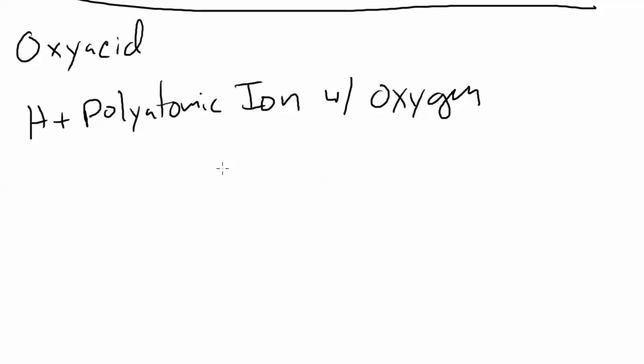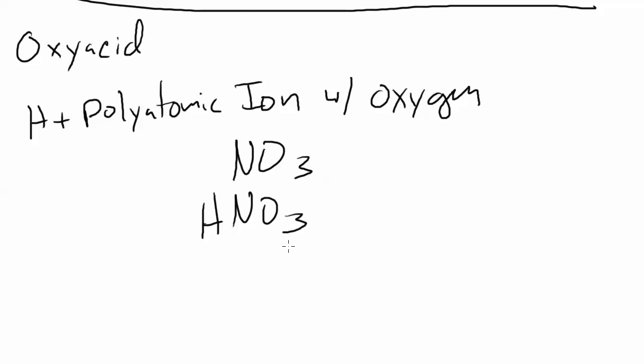Basically, any of them that have oxygen in them, if you slap a hydrogen on the front of it, you're going to get what's called an oxy acid. So NO3 is the polyatomic ion nitrate. So HNO3 is nitric acid. SO4 is the polyatomic ion sulfate. H2SO4 is the acid sulfuric acid. So that's the second type.